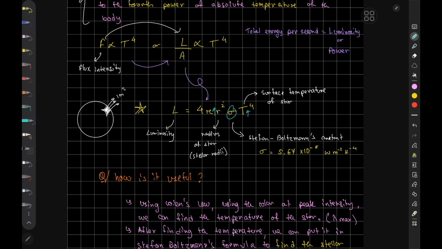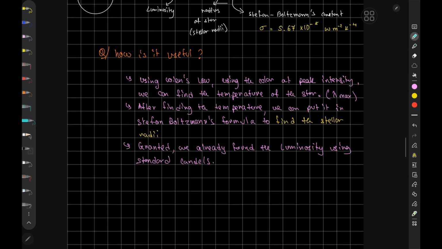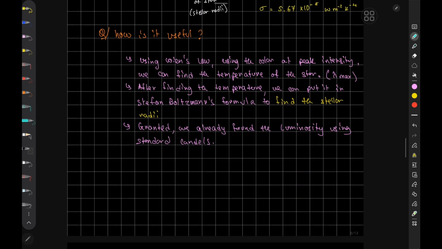Okay, good. So luminosity is just greater when you have a higher radius or a higher temperature. Great. So how is it useful? Let's say you have Wien's law, and based on that you find the color at which the peak intensity is seen. So we know the wavelength, and based on that we can find the temperature of the star using the lambda max.